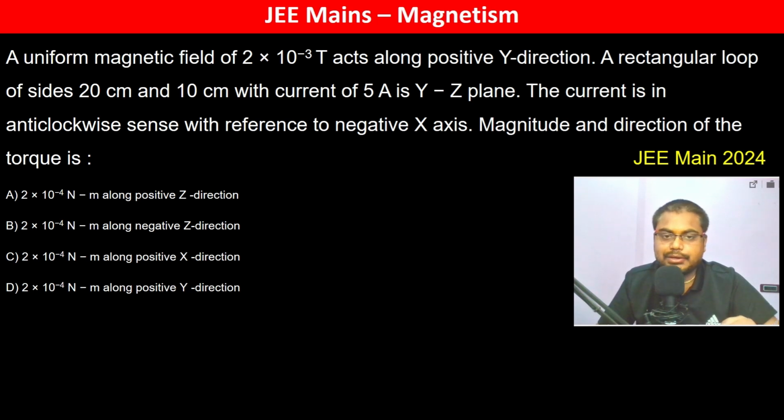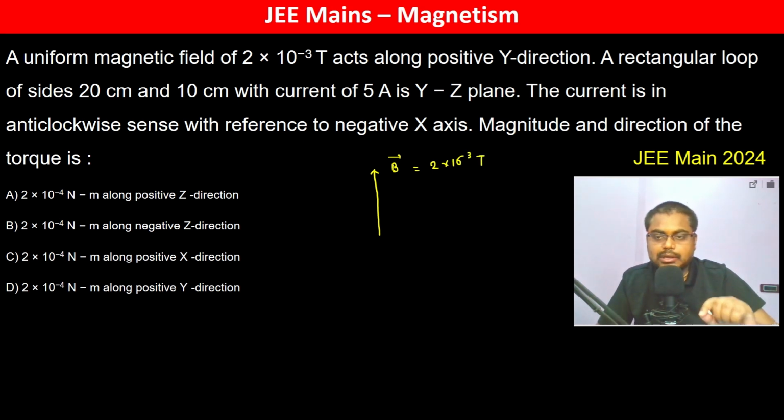A uniform magnetic field acts along the positive y direction. So this is the direction of the magnetic field, which is 2 into 10 to the power minus 3 Tesla. A rectangular loop of sides 20 centimeter and 10 centimeter with current of 5 ampere is in the YZ plane. So what is the YZ plane?